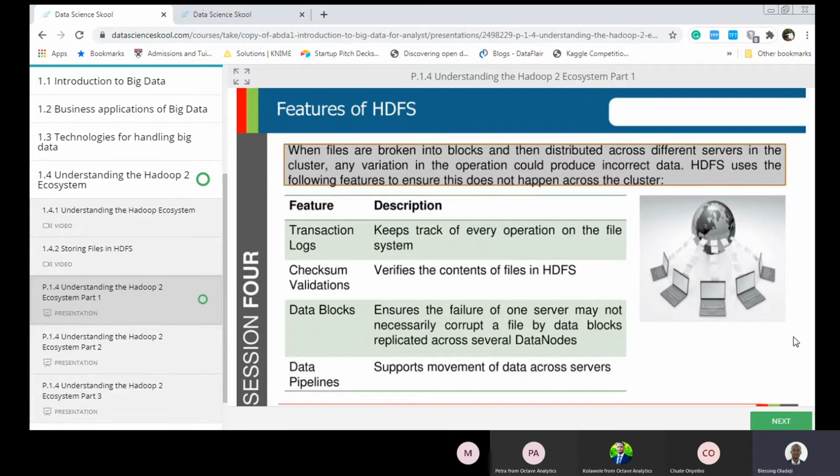Number two is checksum validation. There should be a way to validate data. If there's a big data set and we decide to break it down into smaller components and distribute it across many disks, then when we combine it back into one, there should be something that helps us know we are combining the right things together. That verification is done through what is called checksum validation.